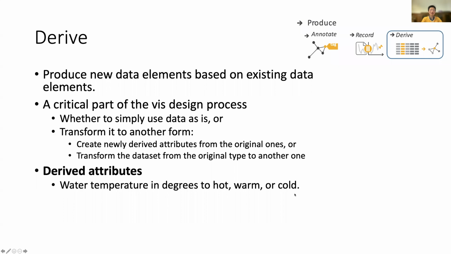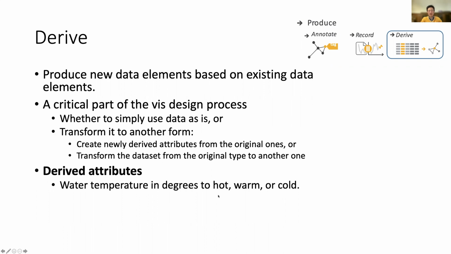And this might vary. What hot means depends on different people or different conditions. For example, if the water temperature is 10 degrees, it might be cold in summer, but hot in winter.